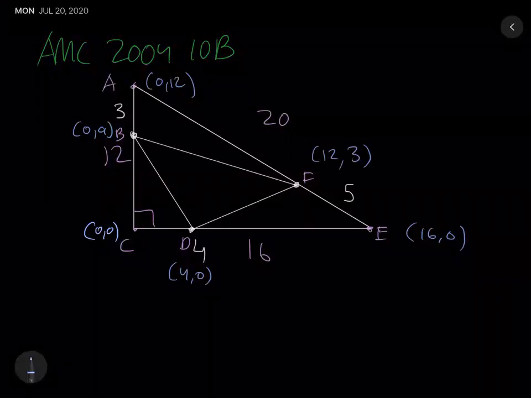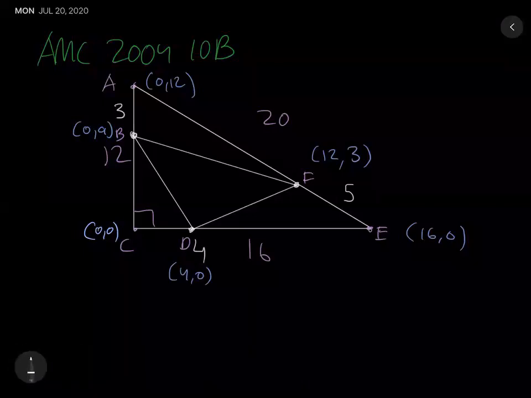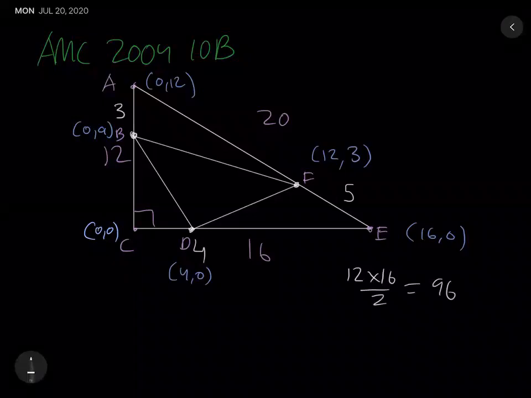So ACE is a right triangle. Very easy to find, right? The area of a right triangle is, if you don't know what that is, we're in trouble. 12 times 16 over 2 is equal to 96. But what about the area of DBF?